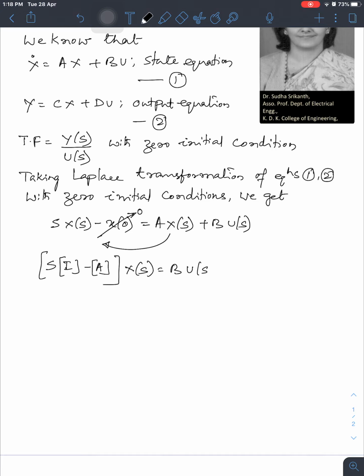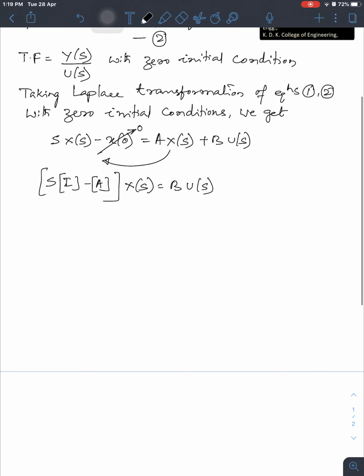A being a matrix, you cannot subtract A from s. S is a scalar, so you need to multiply it with an identity matrix of the required order depending on the order of A matrix. Alright, so if A is a 3 by 3 matrix, then I should be an identity matrix of 3 by 3.